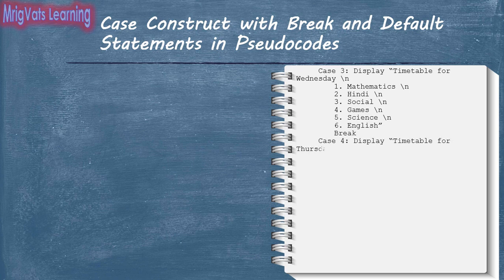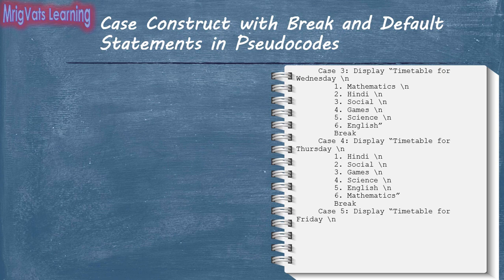Case 4 display timetable for Thursday \n, 1 Hindi \n, 2 social \n, 3 games \n, 4 science \n, 5 English \n, 6 mathematics. Break. Case 5 display timetable for Friday \n, 1 social \n, 2 games \n, 3 science \n, 4 English \n, 5 mathematics \n, 6 Hindi.